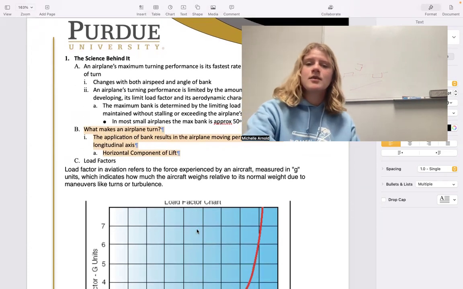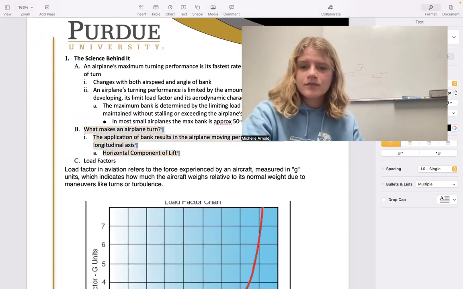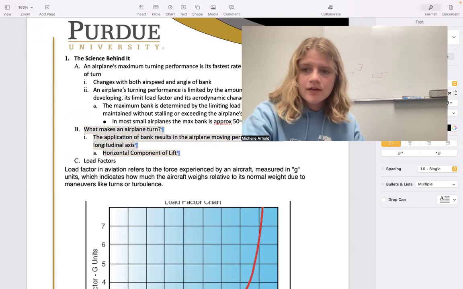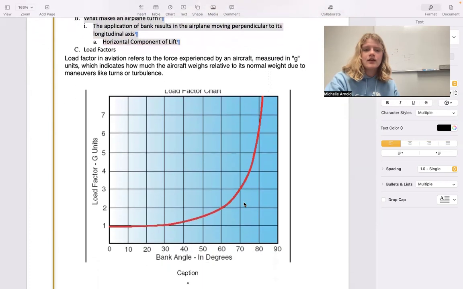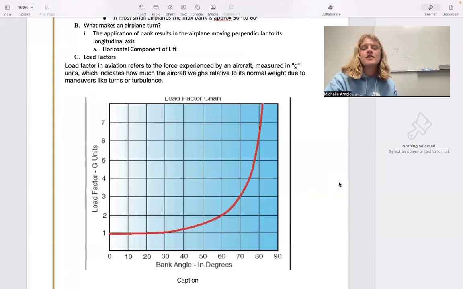So now we're going to talk a little bit about load factors. A load factor in aviation refers to the force experienced by an aircraft, which is measured in G's, you've probably heard that before, which indicates how much the aircraft weighs relative to the normal weight due to maneuvers like turns.